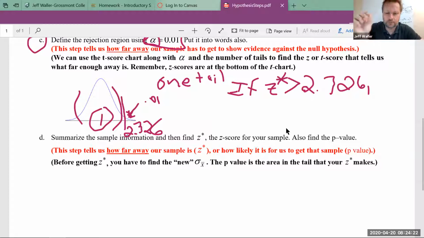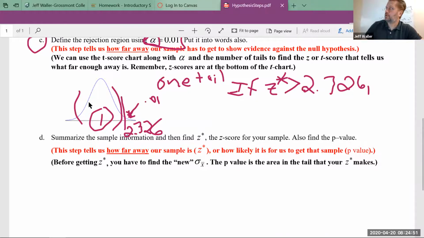Somebody weighted it, something. So step C is, how far away do I have to get at least to show evidence that something's different? And then step D is, how far away did I get?